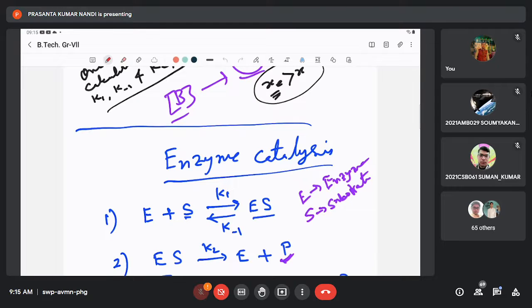Because if both forward and backward reactions are accelerated, then the chemical reaction itself will attain its equilibrium state rather rapidly. And that is the vital role of a catalyst.